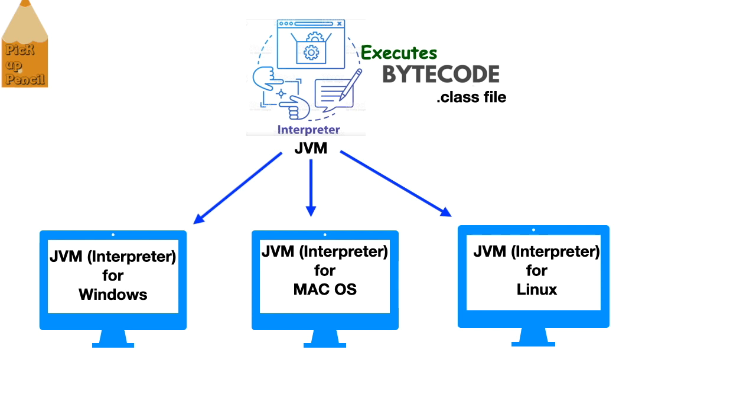But remember, the output of the code will never change irrespective of the machine, because it's the same bytecode being run on each type of machine. So remember, the JVM changes for a different type of system, but the bytecode does not. That is the reason bytecode is the magical code that makes Java a platform independent language.